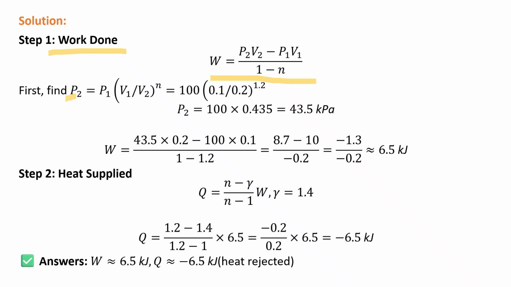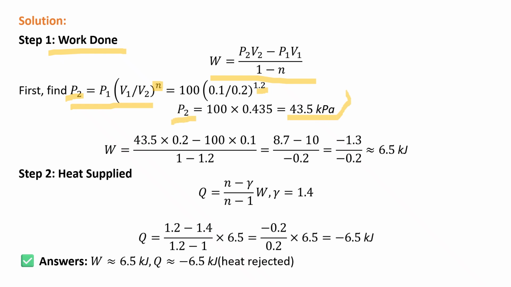So first we find out the value of P2. We know the relationship between P and V, that is P1V1^n equals P2V2^n. This n value is 1.2. So P2 is 100 into (0.1 divided by 0.2)^1.2. So we get the P2 value, that is 43.5 kilopascal.